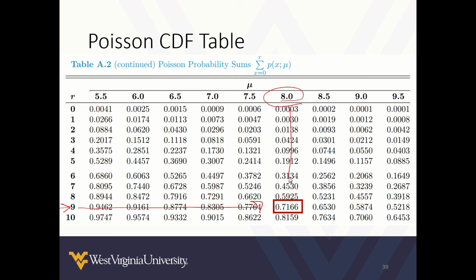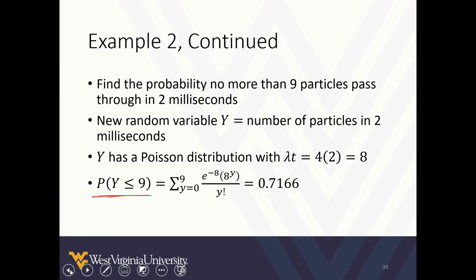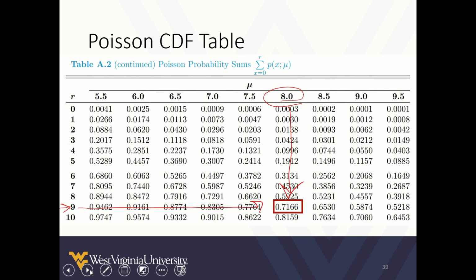And from the table, we would get the probability of 0.7166. In this case, I would have recommended using the table because finding those probabilities exactly and then adding them together would take more time than using the table. And in my opinion, it's all about efficiency.